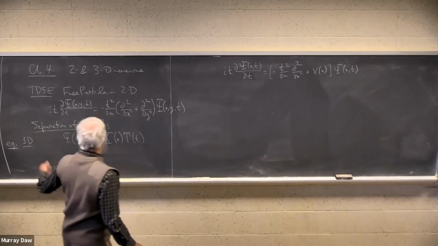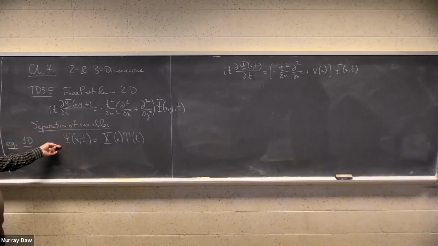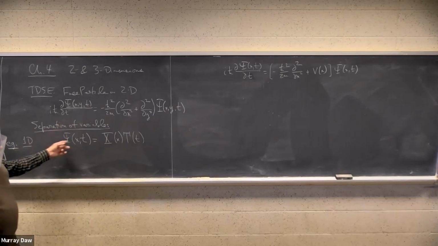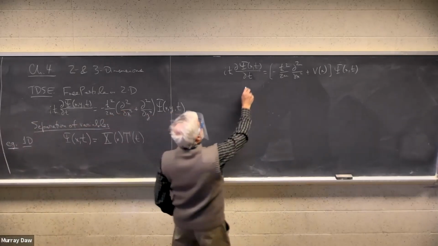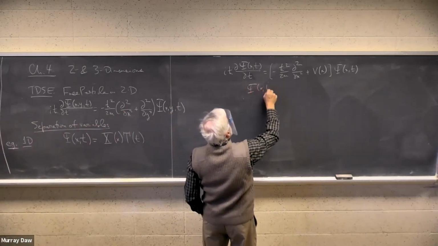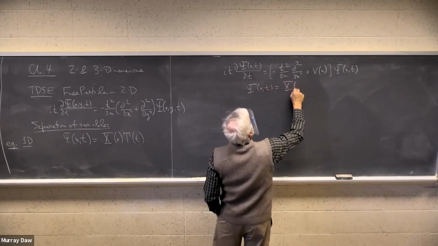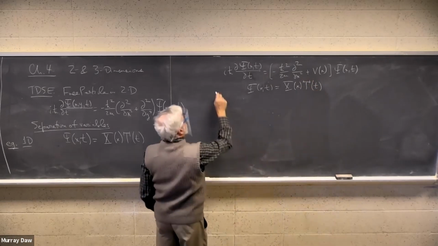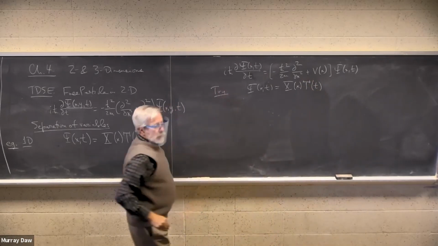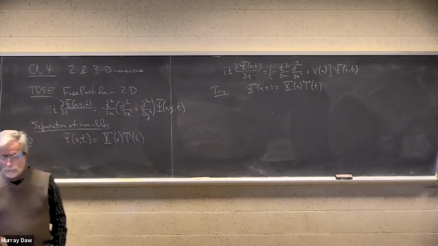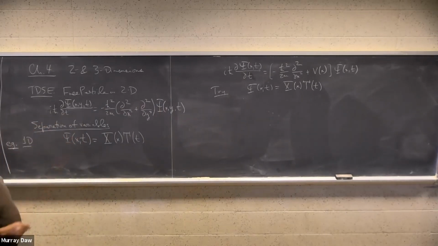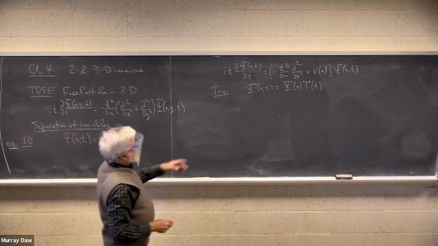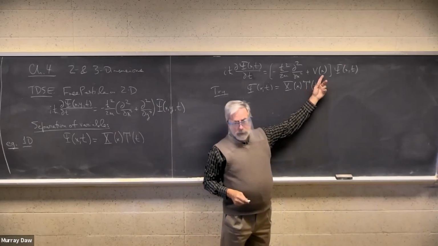Okay, and then let's try the separation of variables. Substitute that into this equation here. So try psi of x and t as a product of 2 functions. I say in general, it's not guaranteed that you're going to be able to get a solution. But in this particular problem, it works as long as this potential energy is not a function of time.